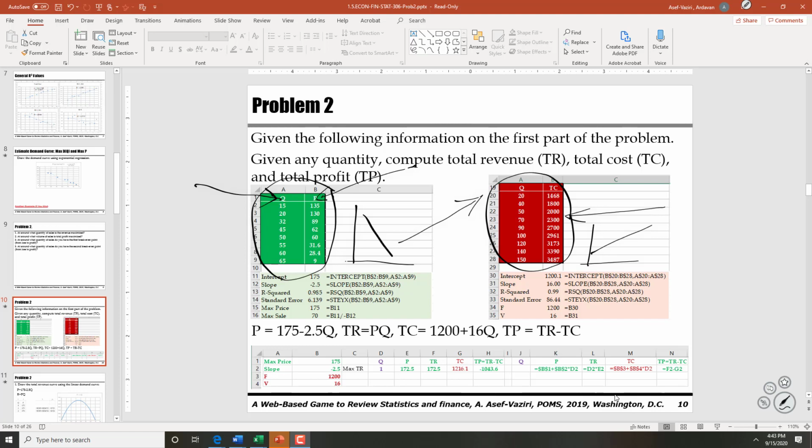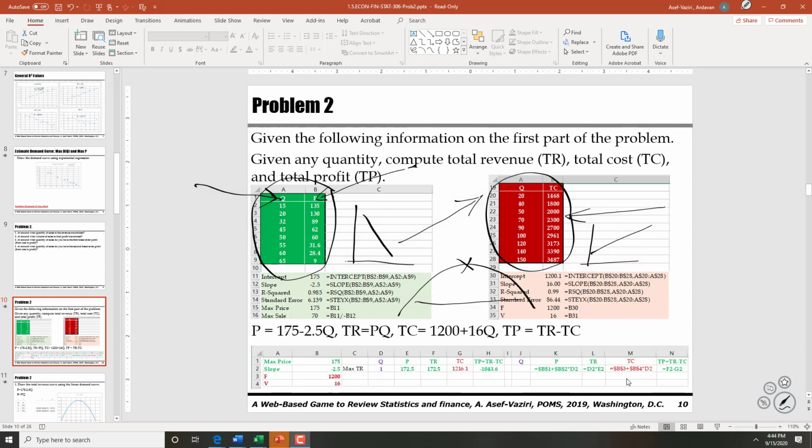And because the price and quantity sold have a relationship with each other, the total revenue and total profit curves start from low values, reach a maximum, and then come back down.